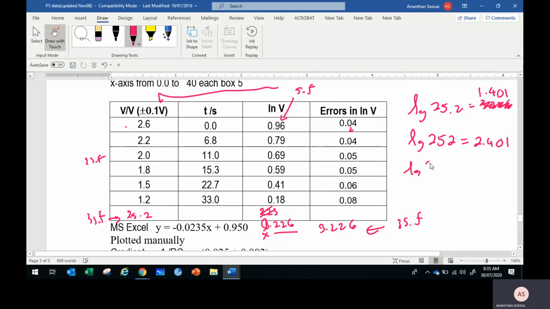Can you predict log 2520? It will be 3.401, and so on. Log 25200 will be 4.401. So the front number is like the power, so they never consider it as a significant figure. The significant figure is after that. Log and ln follow the same rule.